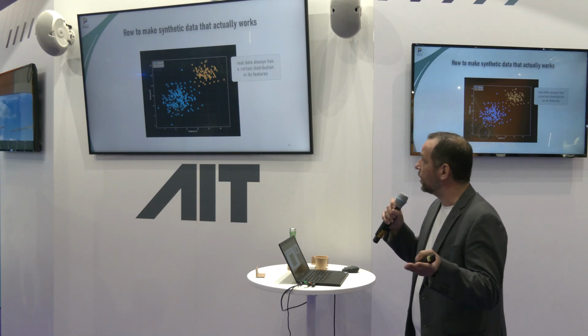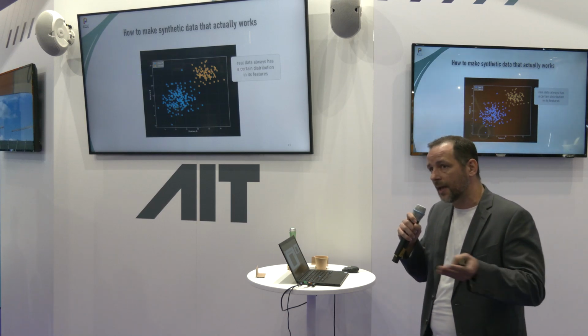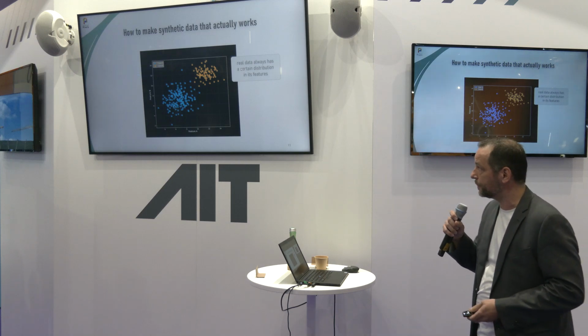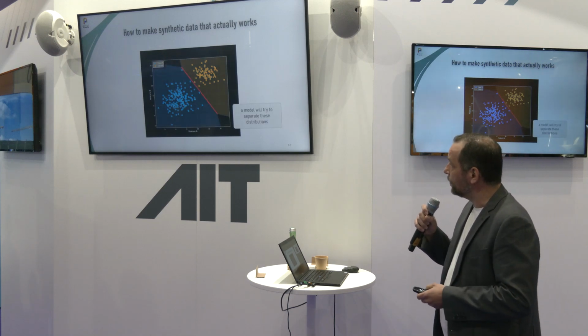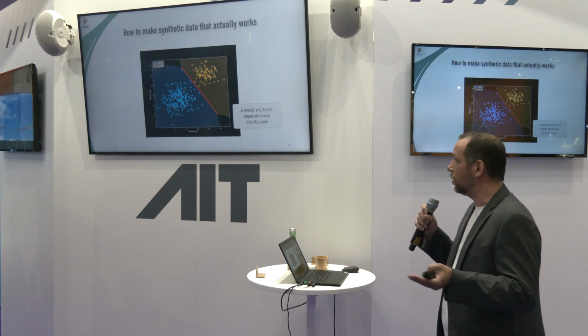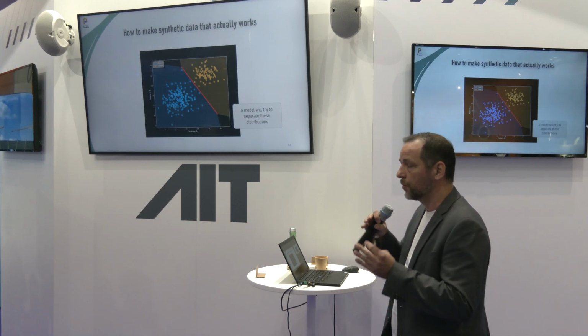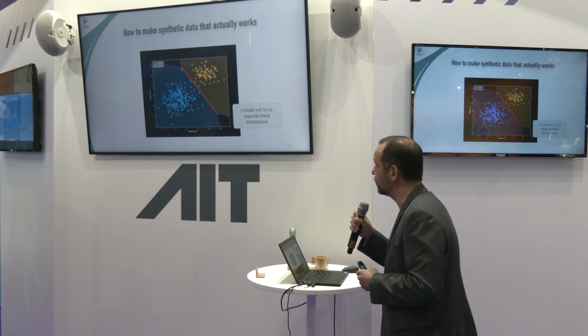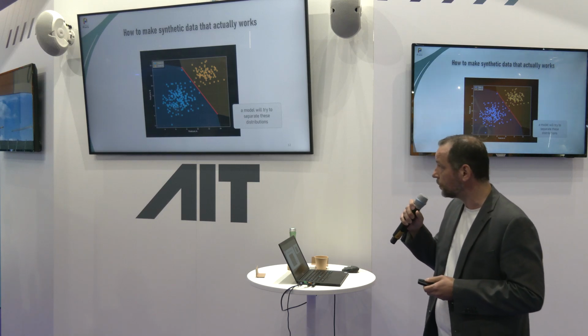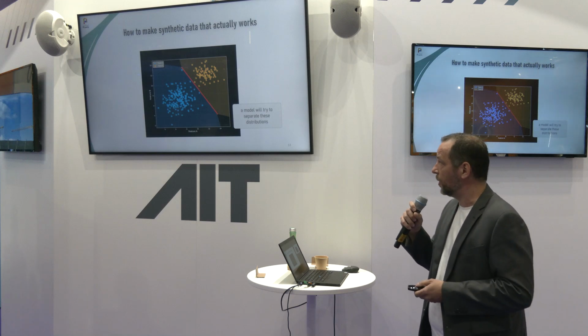The thing I want to tell you with this plot is that real data normally have a certain distribution in the feature space. And if we would train an AI model on such a data set, it would try to find a function in this feature space to separate these distributions optimally from each other. And that's what a model normally is doing.